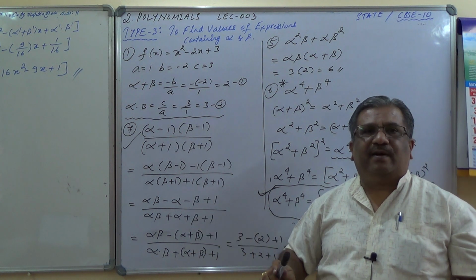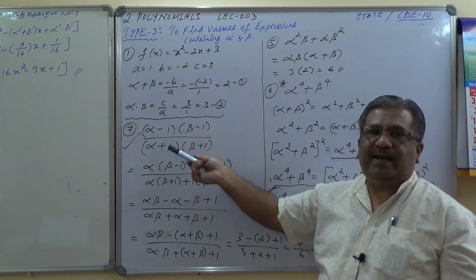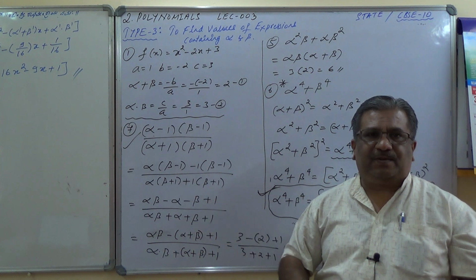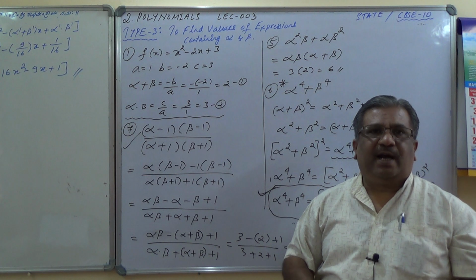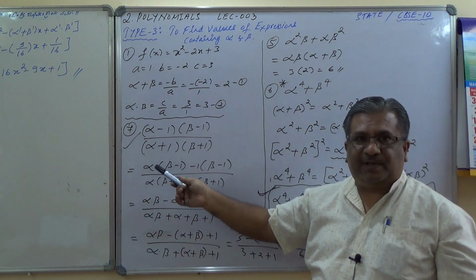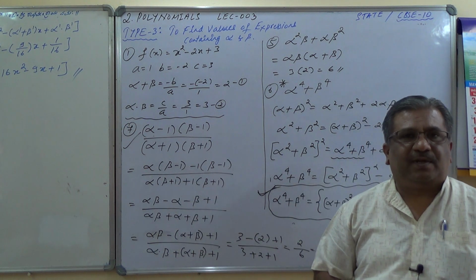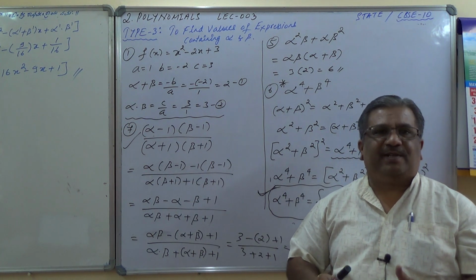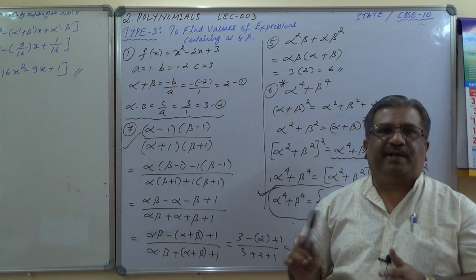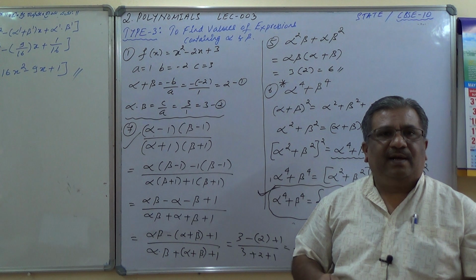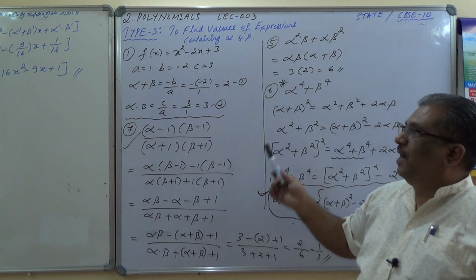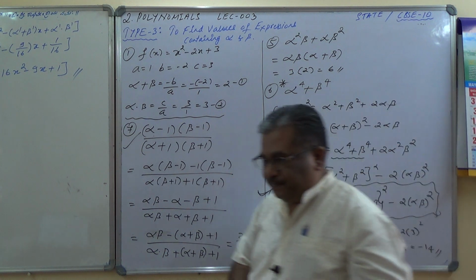We expressed the given expressions in terms of sum of zeros and product of zeros, substituted the values and got the answers. To do this, a great amount of manipulation is required. Your identities should be good and manipulation ability should be good, which is a skill that can be developed by every student by practice. I hope you understand. I am taking the next type of numerical now.